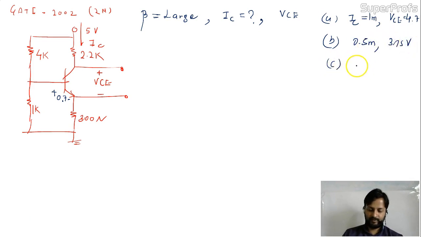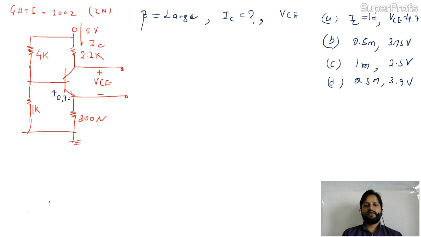Option C is 1 milliampere and 2.5 volt. The last option is 0.5 milliampere and 3.9 volt. So this is the question given. This is potential divider biasing. Even if you don't know it is potential divider biasing, you should know how to proceed.